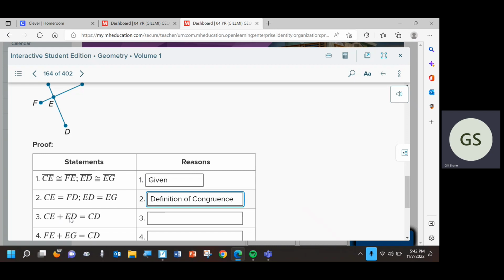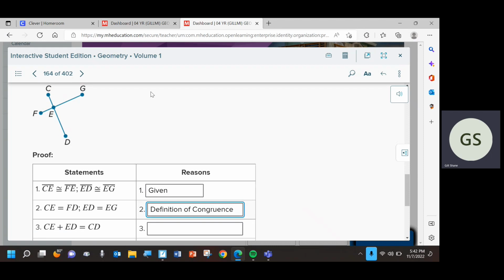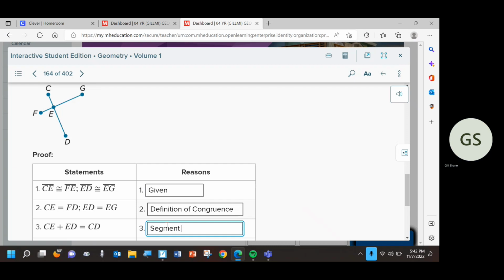CE plus ED equals CD. Well, if you look at the picture, or if you just understand how the order of these letters works, CE plus ED, little plus little equals big. So you should know that's the segment addition postulate. I expect you to know.